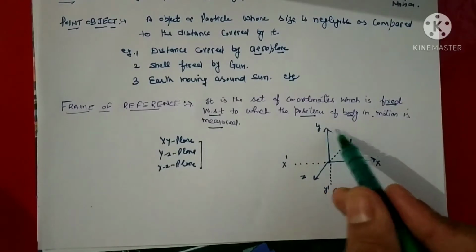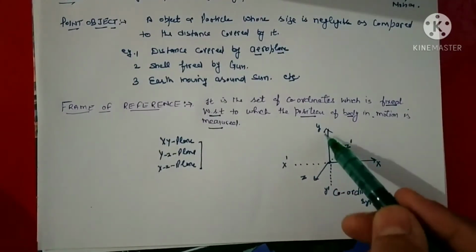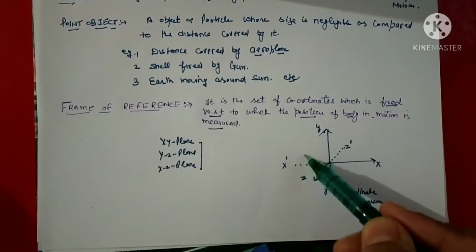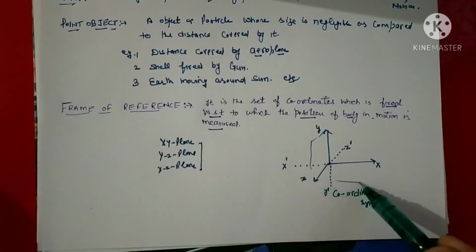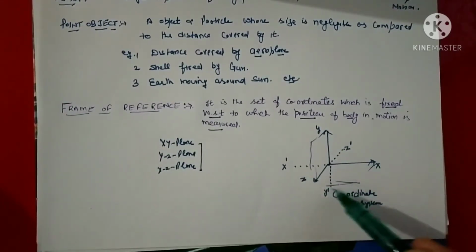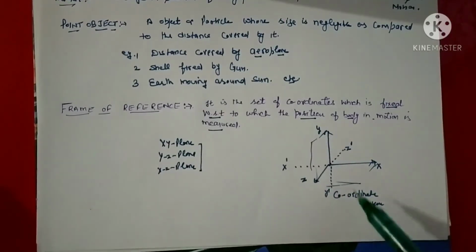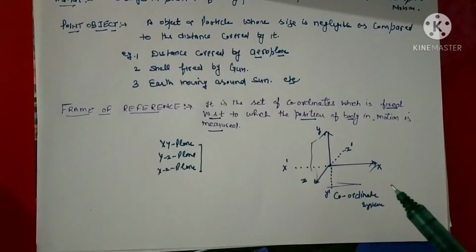The two axes of the coordinate system form a plane, that is the xy plane. This is the xz plane. This is the zy plane, and this is the zx plane. So there are three planes which together make a coordinate system.